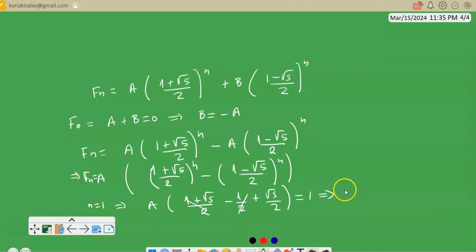So from here we have a, the 1 divided by 2 minus 1 divided by 2, these terms are eliminated, and we have 2 times square root of 5 divided by 2, which is square root of 5, equals 1. A equals 1 divided by square root of 5. A is square root of 5 divided by 5.